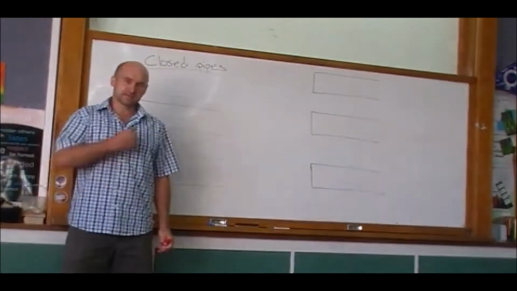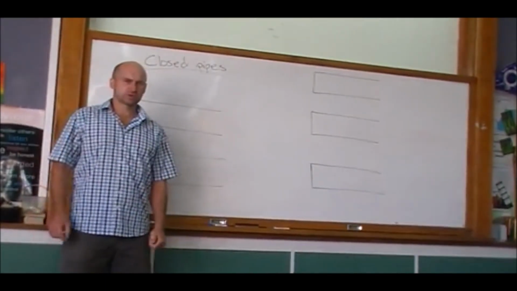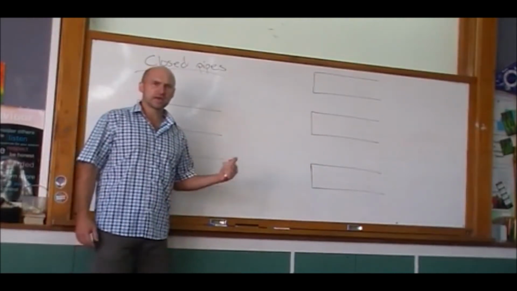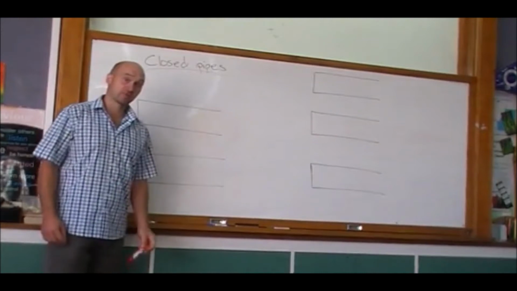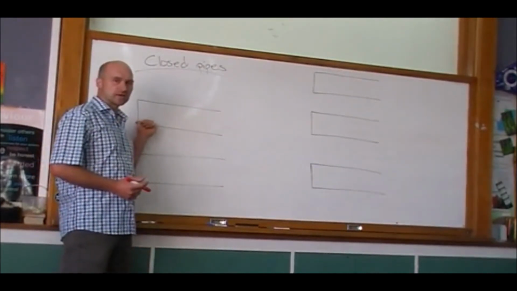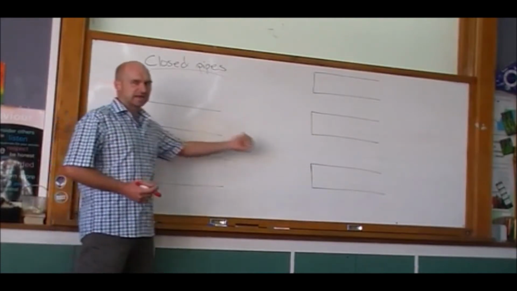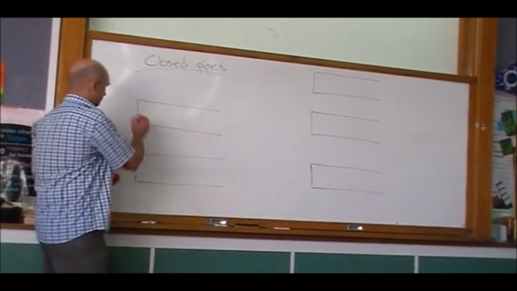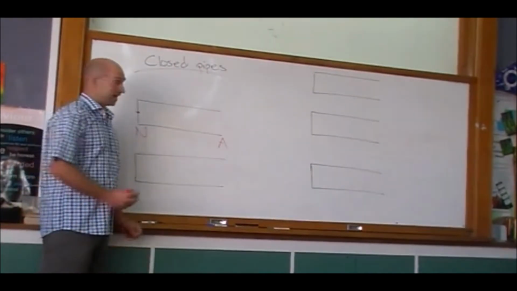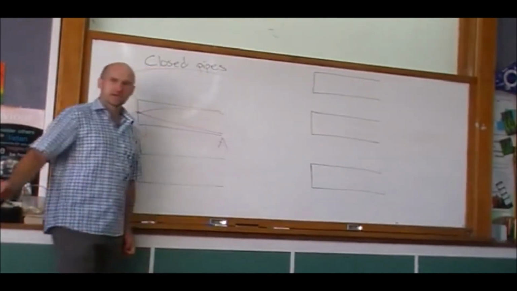Okay, let's now move on to what the standing waves, the overtones and the harmonics look like inside a closed pipe. Remember, our rule for a closed pipe is that there's always going to be a node at the closed end and an antinode at the open end. And so our simplest waveform is just like that.